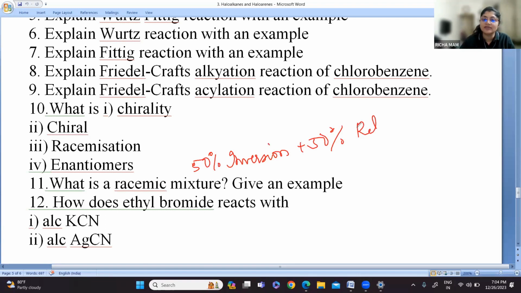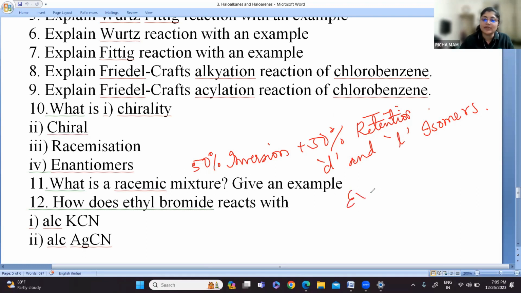A mixture containing two enantiomers in equal proportion, that is an equimolar mixture of D and L isomers, is called a racemic mixture.